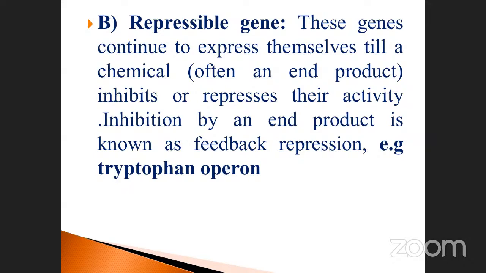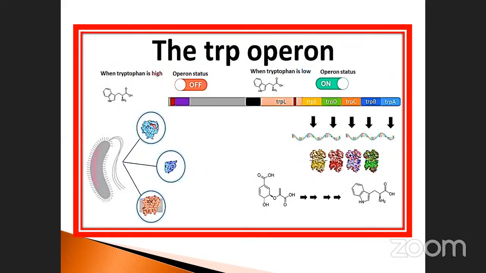Okay, this is very, very important. See the trp operon, the tryptophan operon, with its off and on states. These are the components mostly present, and the tryptophan structure is here. Just like a switch, on and off, this is the operon status. Okay, so this is another example.